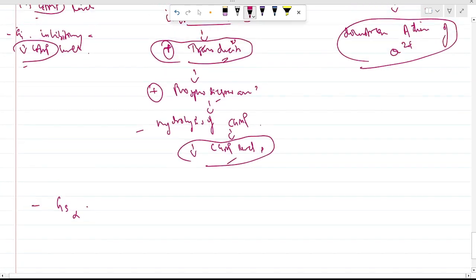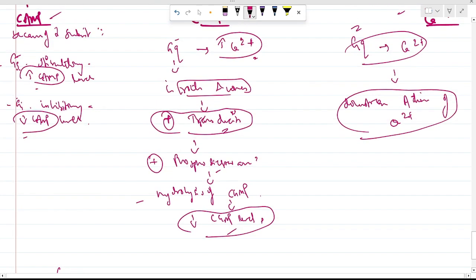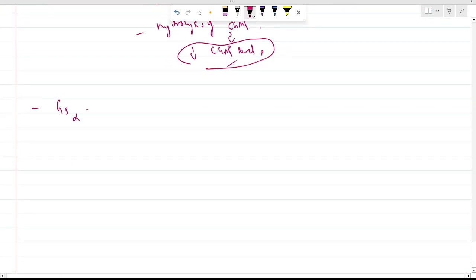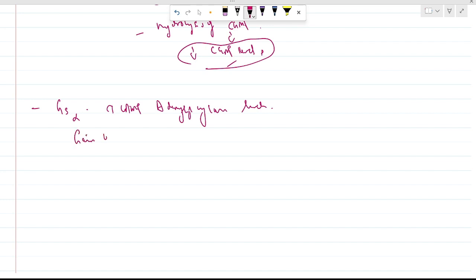Now we are going to see an important concept. This Gs alpha subunit, we have seen Gs for stimulatory, increases the cAMP adenylyl cyclase levels. So there is a concept called gain of function.